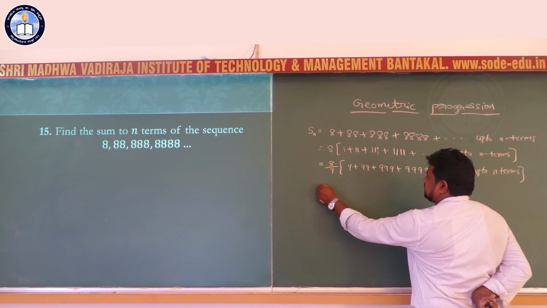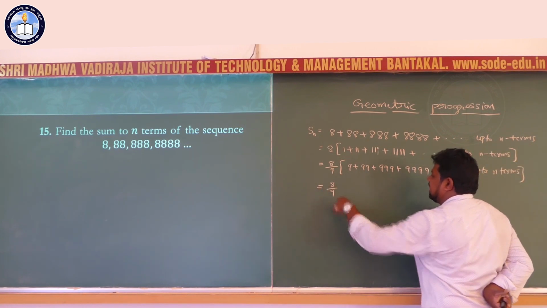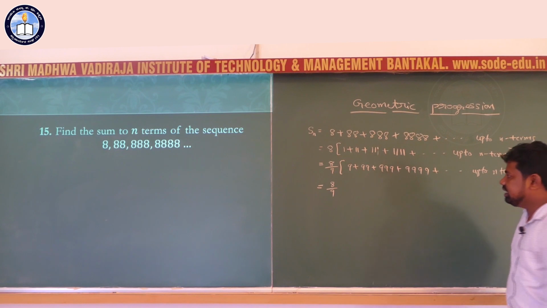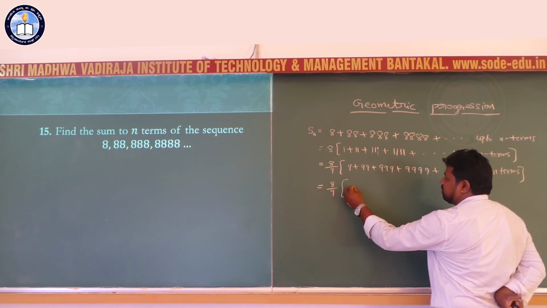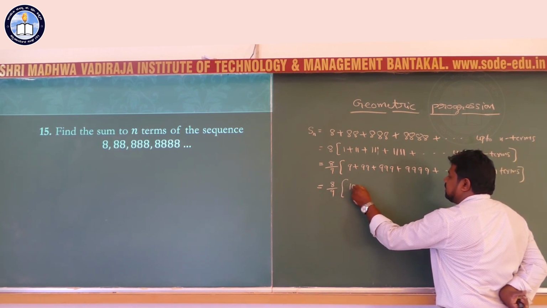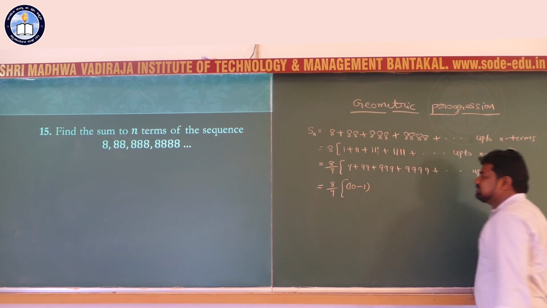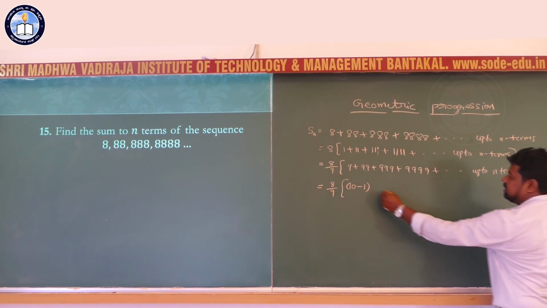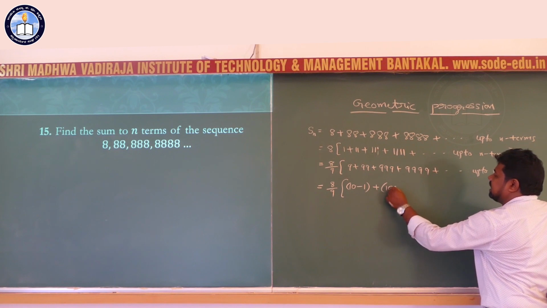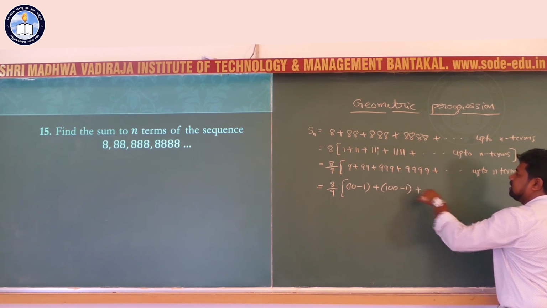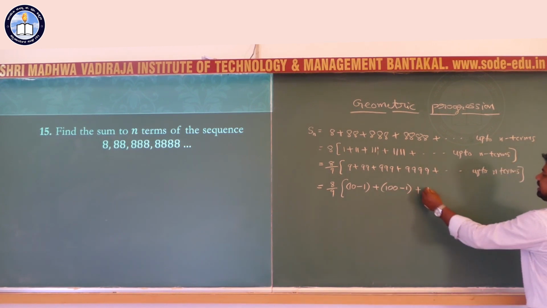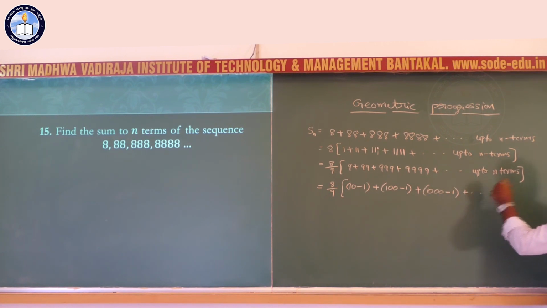I write this one as 8 by 9 into, 9 I write as 10 minus 1, 99 I write as 100 minus 1, 999 I write it as 1000 minus 1, like that up to n terms.